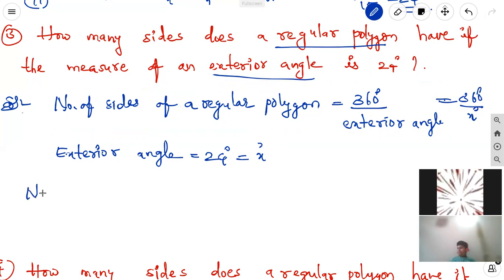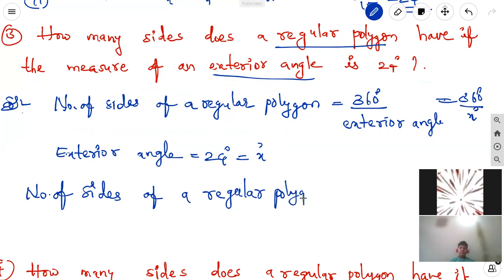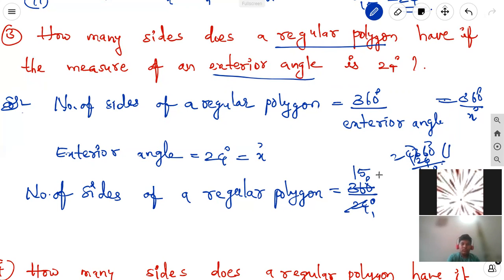So here, how many sides? We are getting the number of sides of a regular polygon is equal to 360 degrees by 24 degrees. Degrees get cancelled. Here 360 is divided by 24. 24 ones are 24, 24 fives are 120.